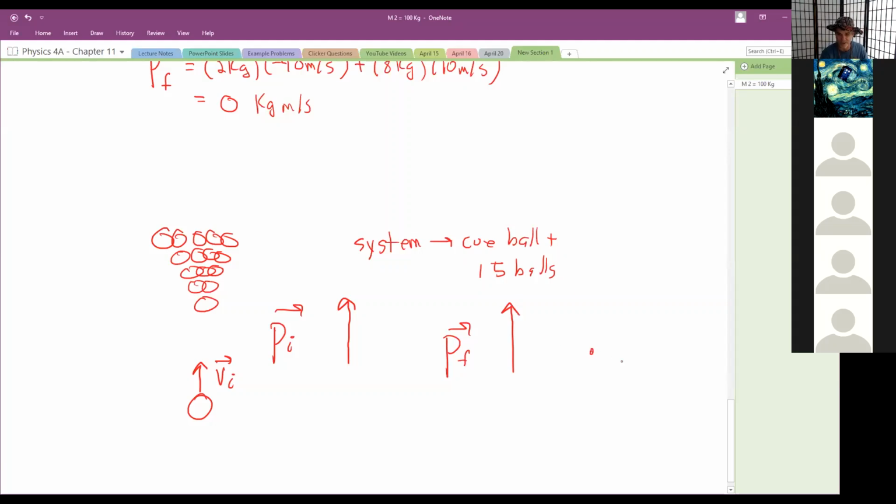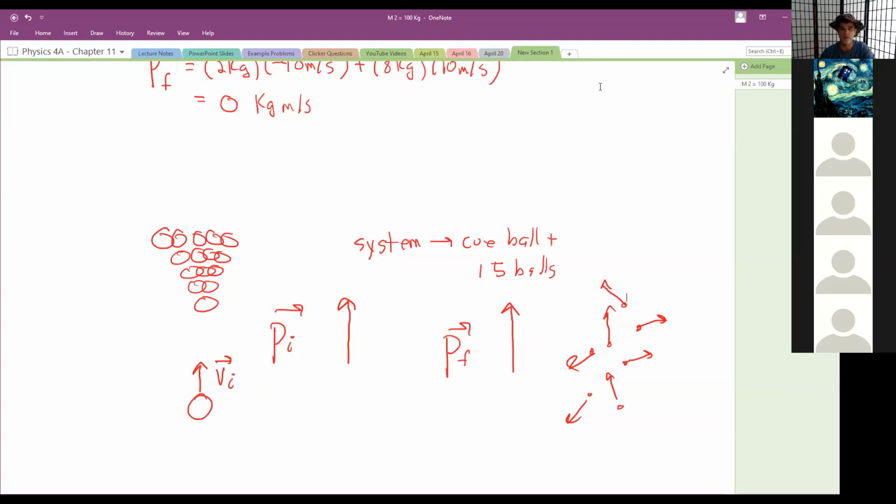So when I look at all these 15 balls moving in different directions, when I add these up like vectors, what I'm going to find is the total momentum before and after the collision have to be exactly the same.